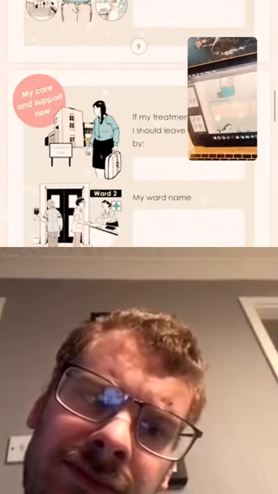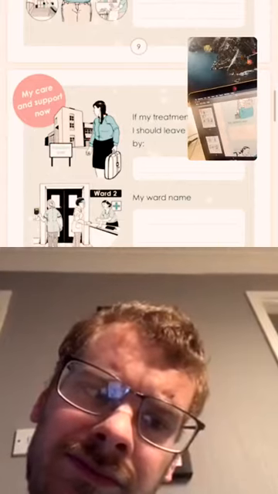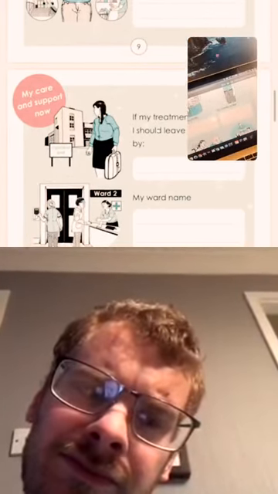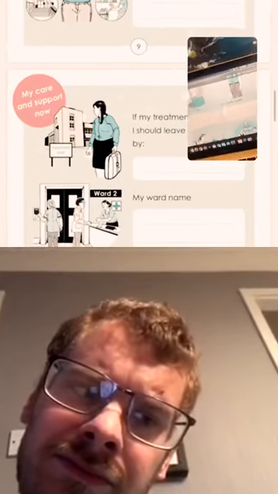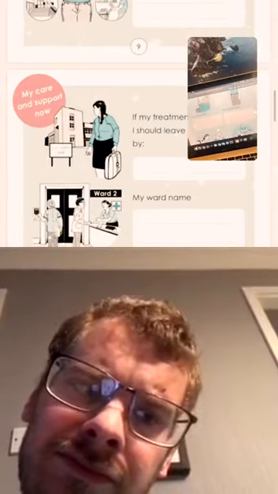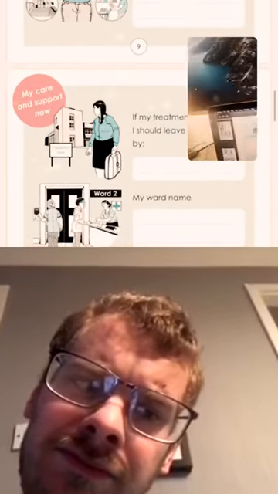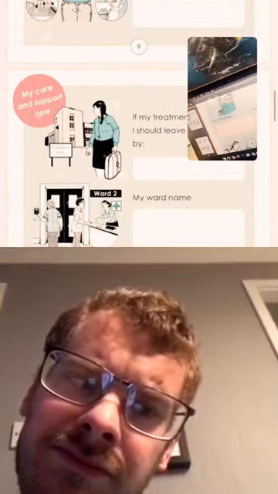And then the next one is my family. Who in your family is your primary caretaker? My primary caretaker in my family would be my mom, so I would put her name down.